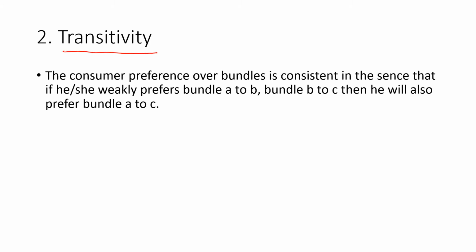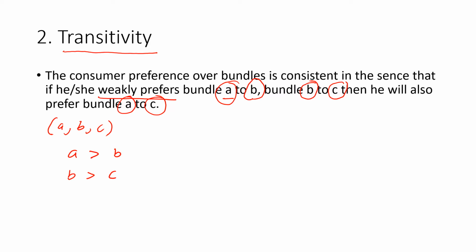We define the transitivity property as that the consumer preferences over bundles are consistent, in the sense that if he or she weakly prefers bundle A to bundle B, and then weakly prefers bundle B to bundle C, then he or she will also prefer bundle A to bundle C. If you want to present this property mathematically, again we have three bundles, bundle A, B, and C. A consumer, if he or she prefers bundle A to B and prefers bundle B to C, then automatically the consumer should prefer bundle A to C.